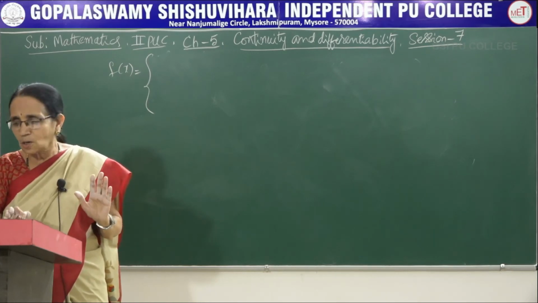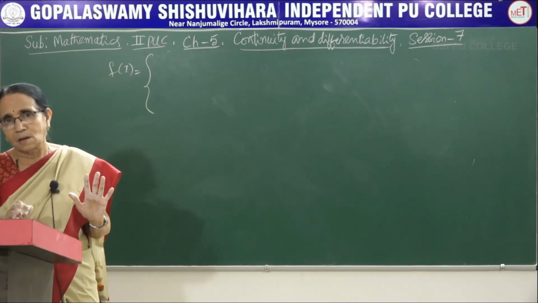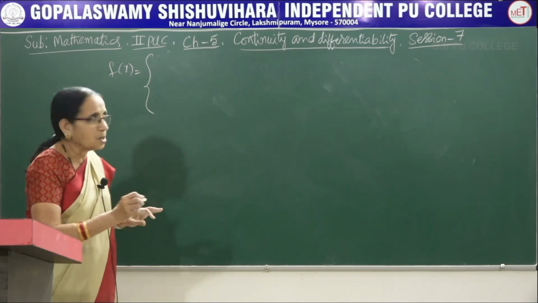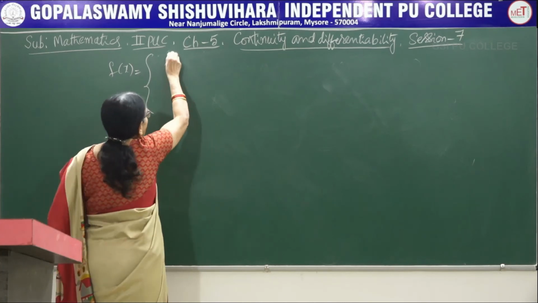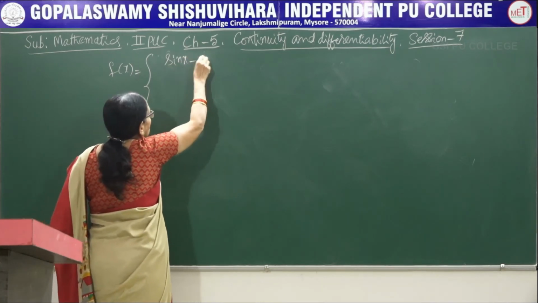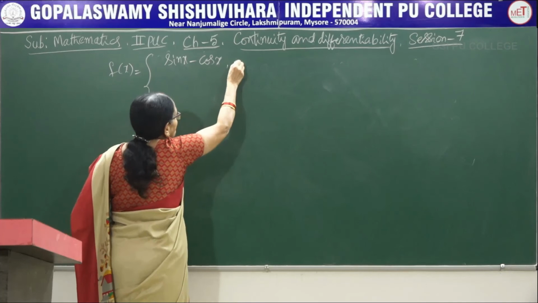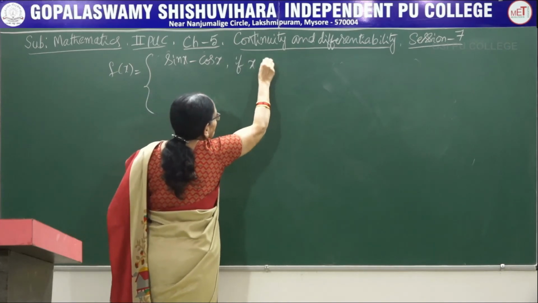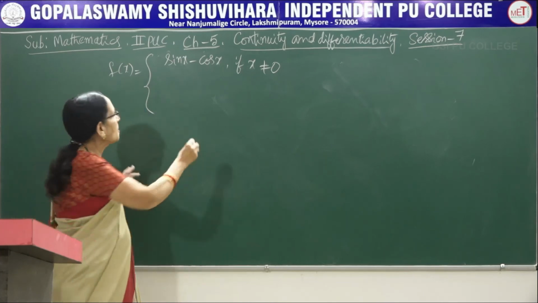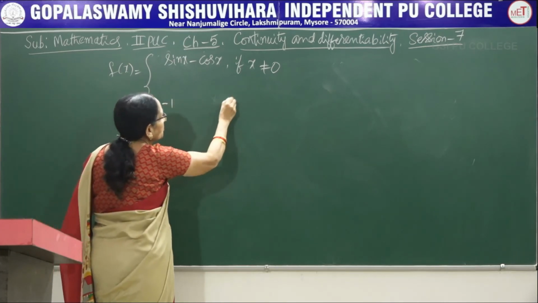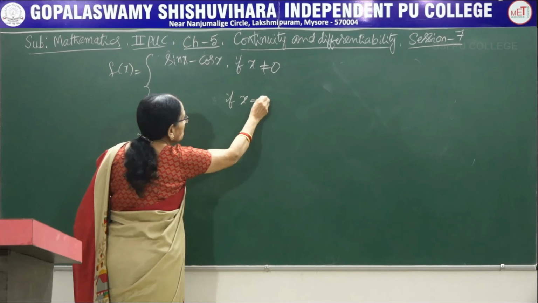So, you have to find out whether it is continuous or not. The function is given by f(x) equal to sin x minus cos x if x is not equal to 0, and this is equal to minus 1 if x is equal to 0.